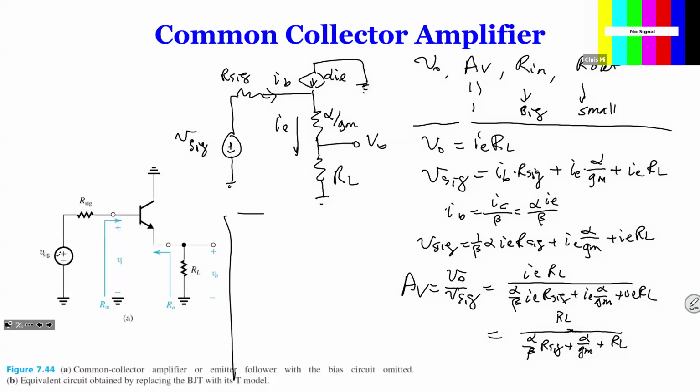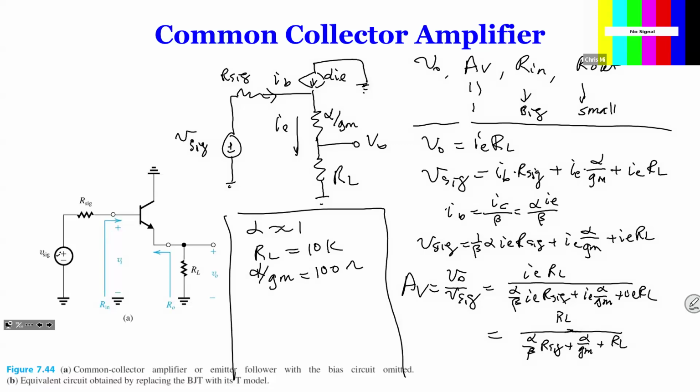So I'm going to use a block over here. Alpha is approximately 1. RL is typically like 10K. And 1 over GM is like 100, or alpha over GM is 100, right?